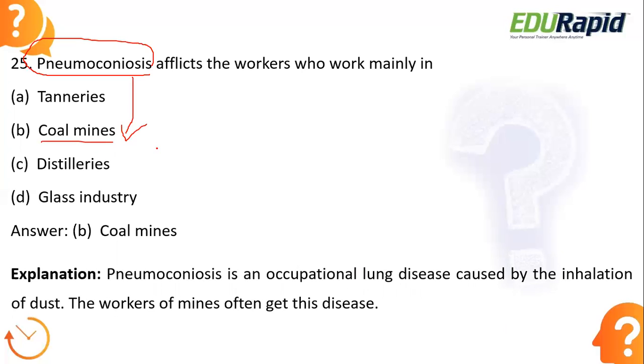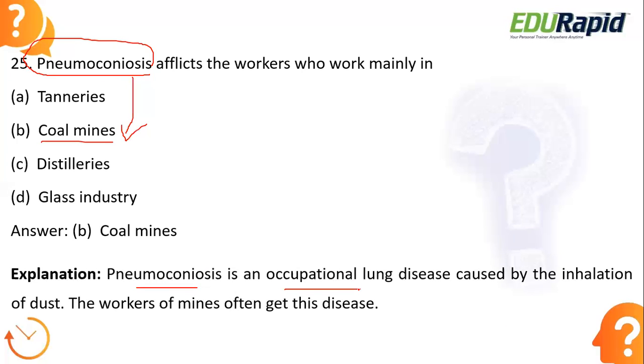The dust will also enter their body, the lungs. The lungs are the major organ which will get damaged in this disease called pneumoconiosis. So we can say it is completely related to the occupation that we carry out, an occupational lung disease.